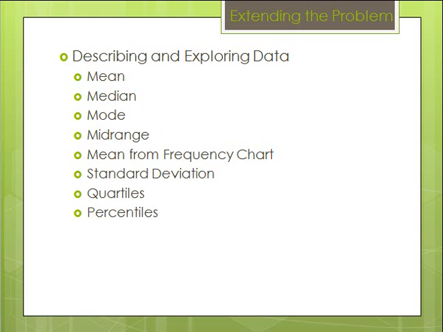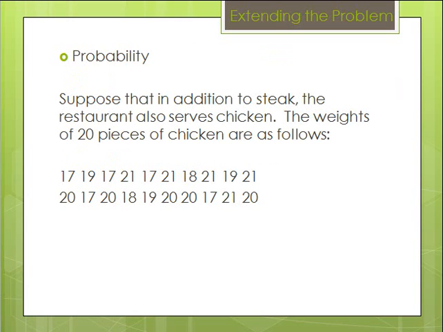Well, we can find the mean, the median, the mode, the mid-range, the mean from the frequency chart, the standard deviation, the quartiles, the percentiles. But that really was not enough for me. I said, well, what happens if, in addition to those 20 steaks, we have a restaurant that also has 20 pieces of chicken?